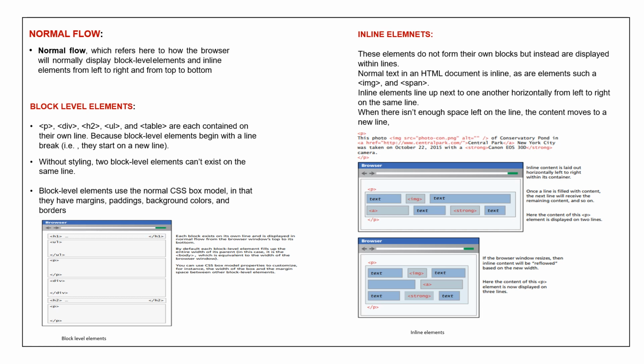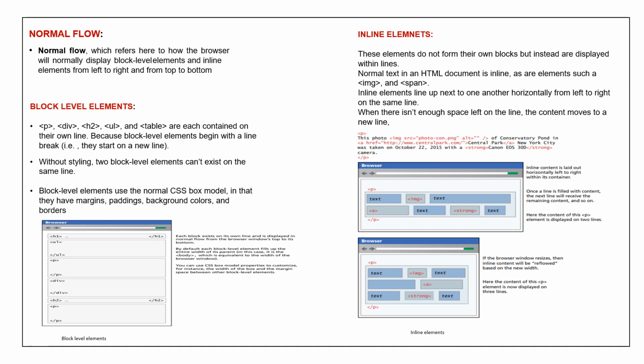The above figure shows the block level elements. In this, the first block is the H1, and the second one is the UL, that is the unordered list. Next the paragraph tag, next the division tag, H2, and then again the paragraph tag.